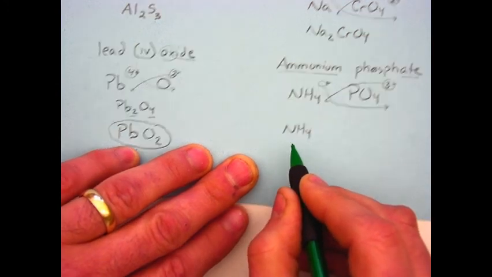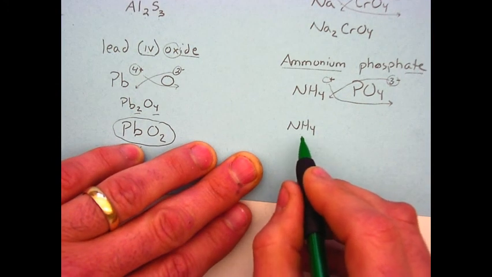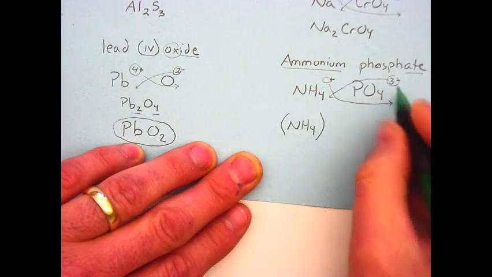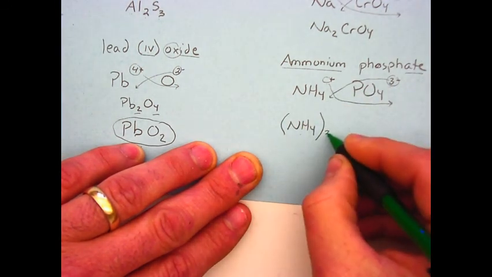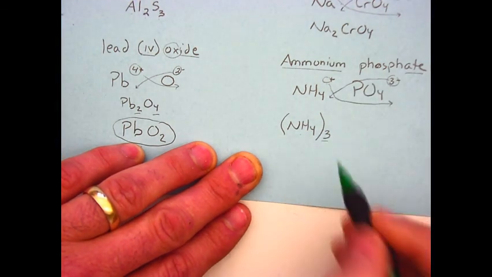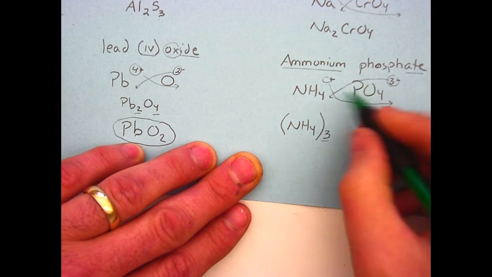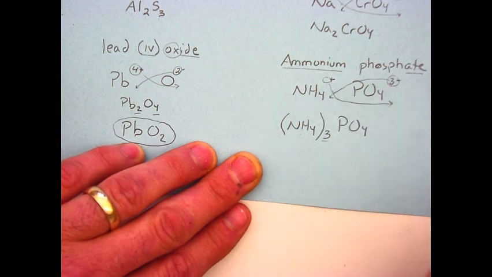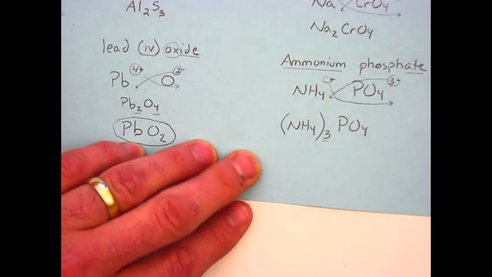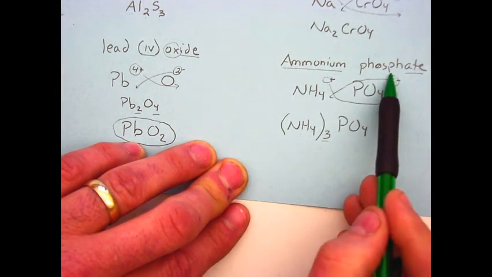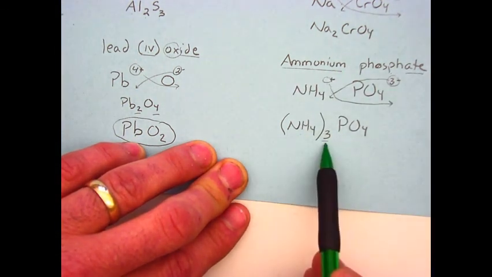And the way you indicate that you have more than one of a polyatomic ion is that you put the whole thing in parentheses with the subscript on the outside. So that 3 dropped down and went there. And then since we only have 1 of the PO4, we simply write PO4, and there's only 1, so there's no parentheses necessary. So the formula for ammonium phosphate is (NH4)3PO4.